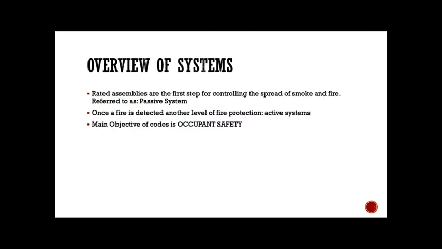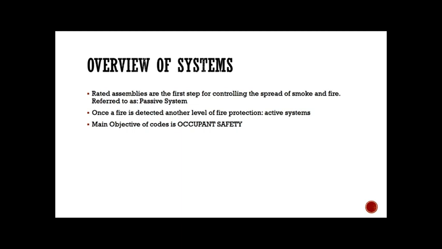There are three divisions of fire protection systems, and that's detection systems, alarm systems, and extinguishing systems. You need to know the difference between those because it makes a difference on fire prevention. To give you an overview, we have been talking about rated assemblies.